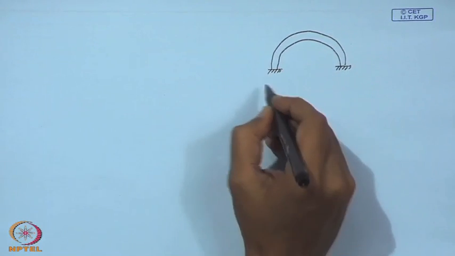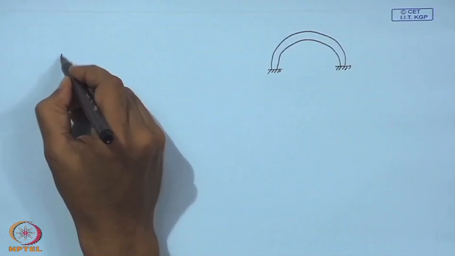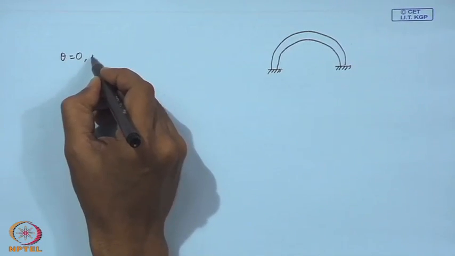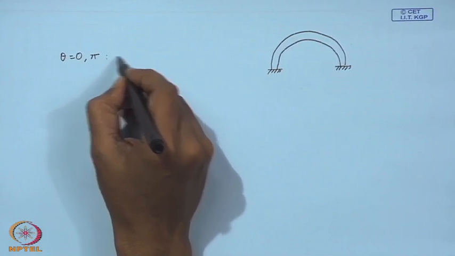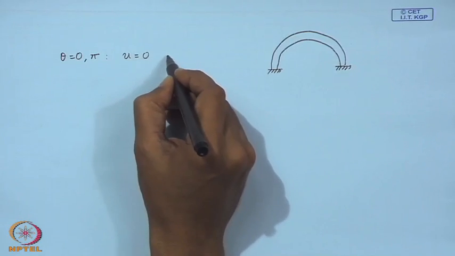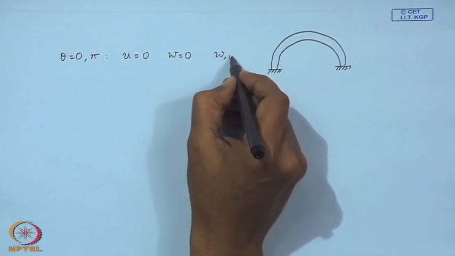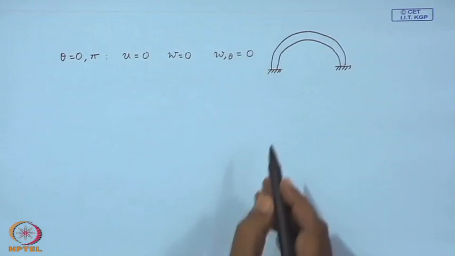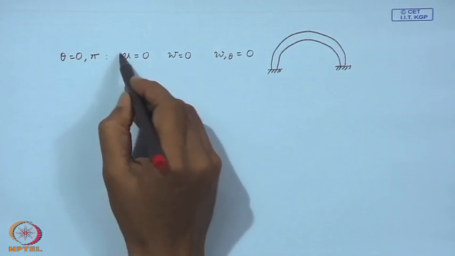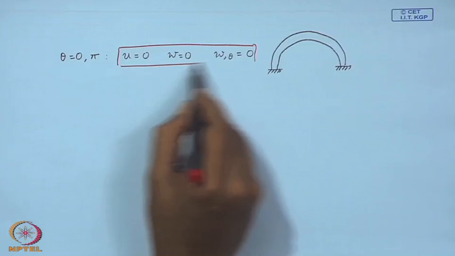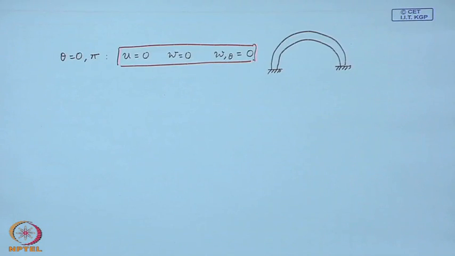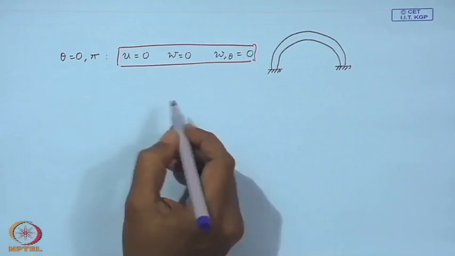Here the boundary conditions at zero and pi happen to be like this. Now, here all the boundary conditions are geometric boundary conditions.